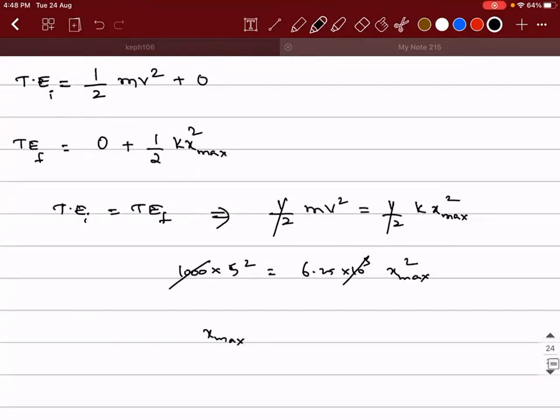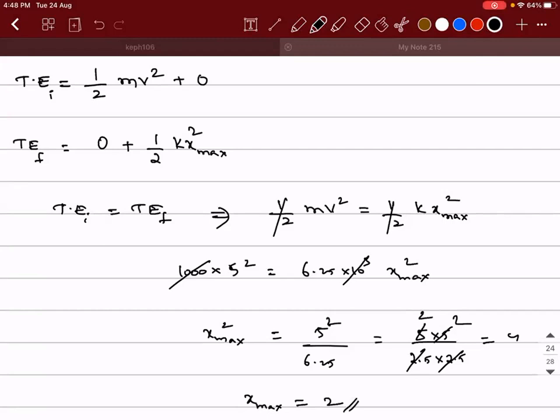So x max square will be equal to 5 square divided by 6.25. 6.25 is 2.5 the whole square. So 5 into 5 divided by 2.5 into 2.5, how much will it be? 4. So x max will be equal to 2. There will be a maximum compression of 2 meters in the spring.